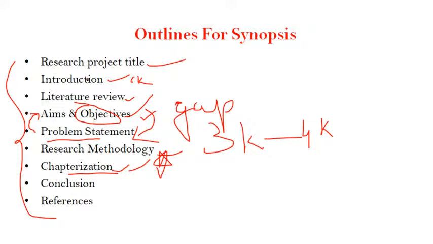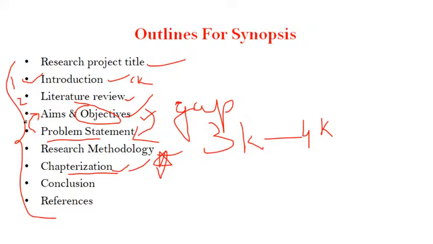The first chapter presents the introduction part we just discussed. The second chapter is the literature review, which impacts your present research work. The third chapter describes the research design or the research methodology of your research.